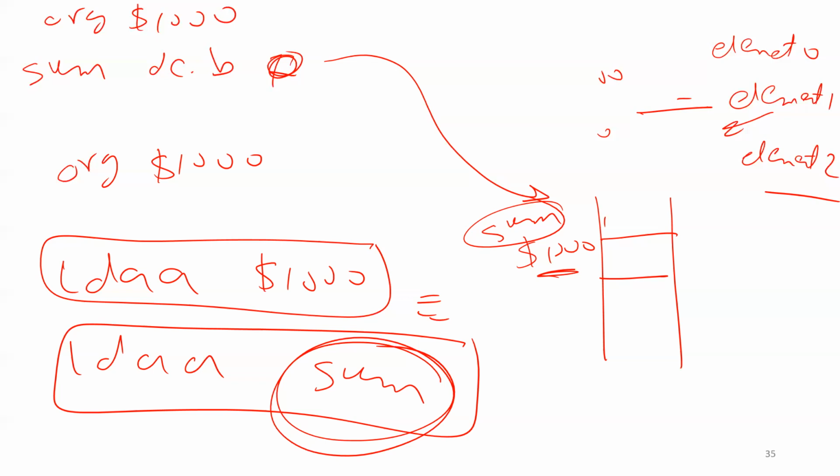Load A speed. Load A temperature. Just use the name. What's going to happen is the compiler is going to replace the name with the address when it is converted to machine code. Is that clear, guys? If you already define a variable, you can just use the name this way, for example, load A sum.